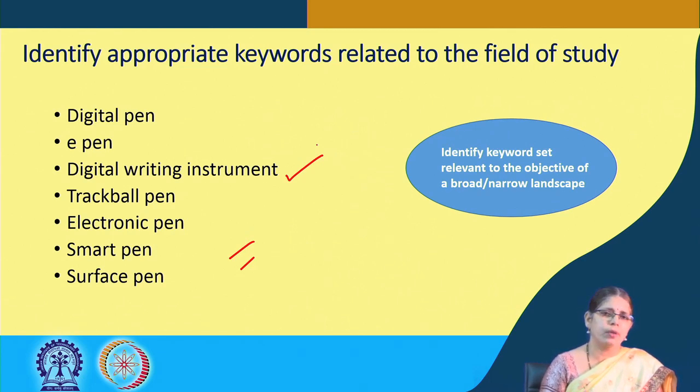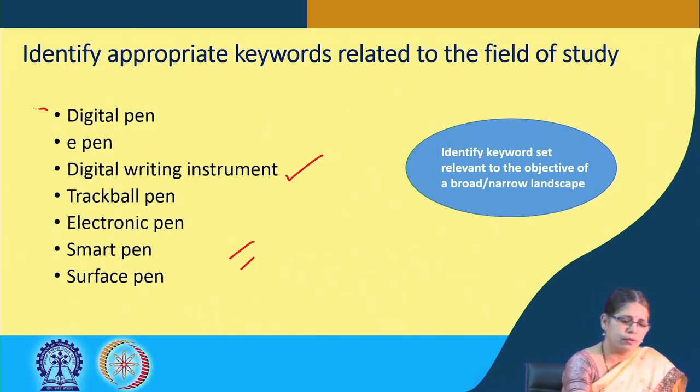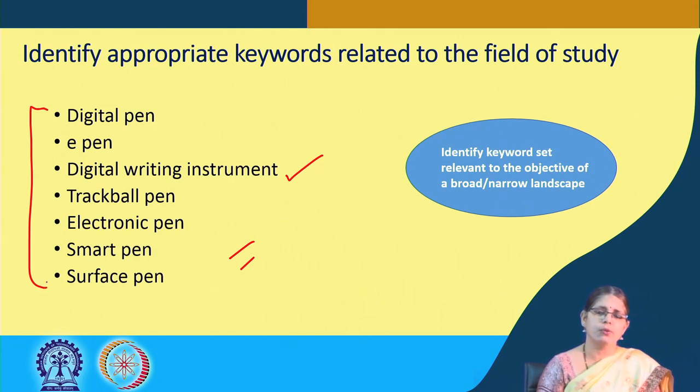For instance, if one is looking at smart pens of a specific category, in which case one would go for a narrow landscape search. So, as a basic patent searcher, it may be interesting to now look at the entire landscape in relation to digital pens, in which case we take up the entire set of keywords into one nested string.